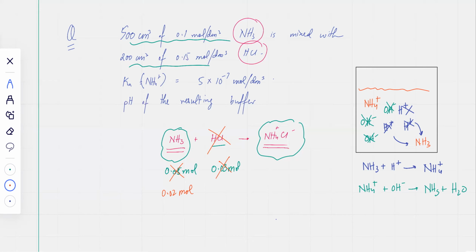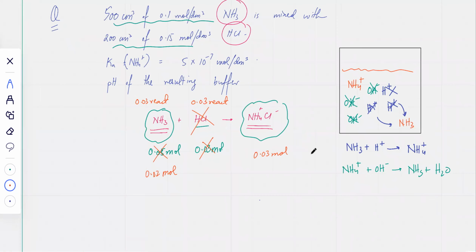Okay, so 0.03 of HCl reacts and 0.03 of NH3 also reacts. And on the other side, you're going to get 0.03 moles of NH4 plus 1 Cl minus 1. They're the ones that are going to get produced. So your mixture at the end is going to be a buffer solution.